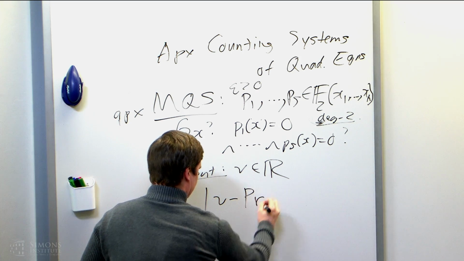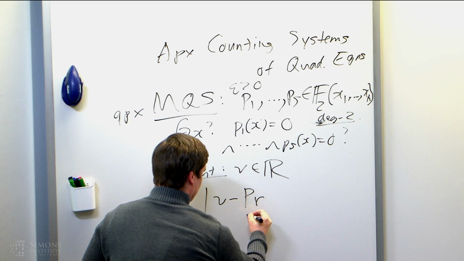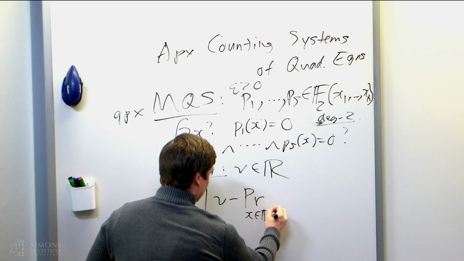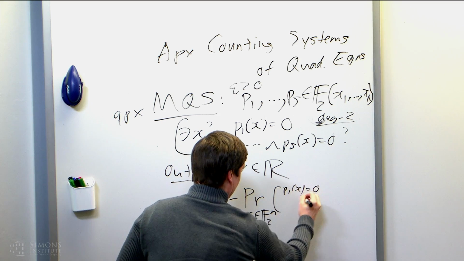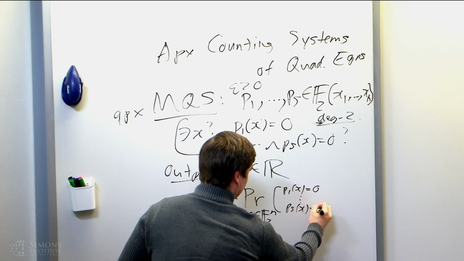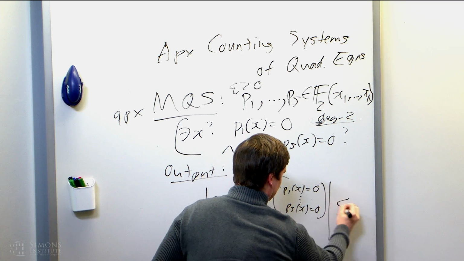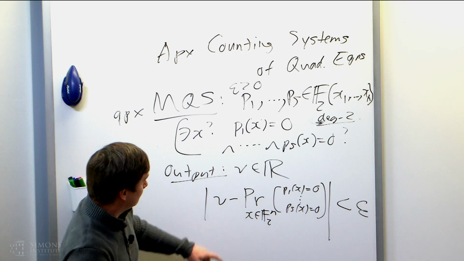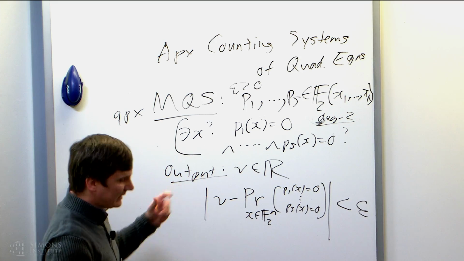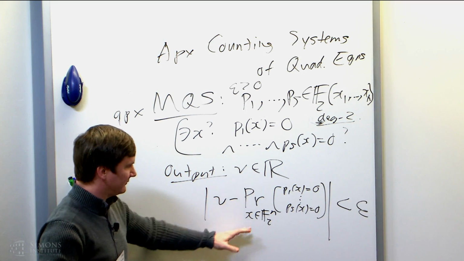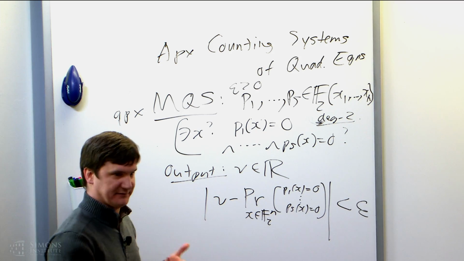If you take v minus the probability over a random assignment that all these equations are true, the difference is at most epsilon. Okay, so we want to get an additive approximation to the fraction of satisfying assignments.